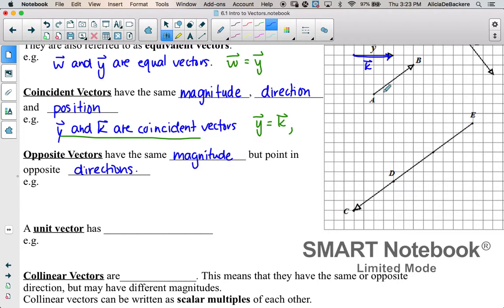I know it's got the same angle because when I count over, I get 1, 2, 3, 4 squares over and 1, 2, 3 squares up. And this one has the same 4 squares over and 3 squares up. So I know it's for sure on the same angle. I've got the same direction, it's just that the arrow's on the opposite end. So this one's pointing up and this one's pointing down. So I would say that AB and DC are opposite vectors.